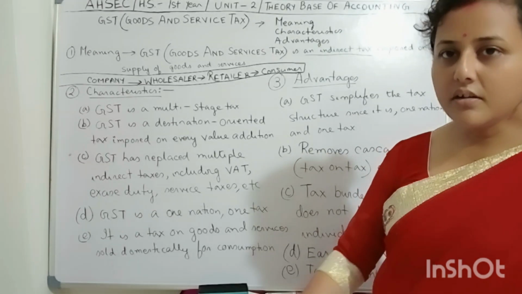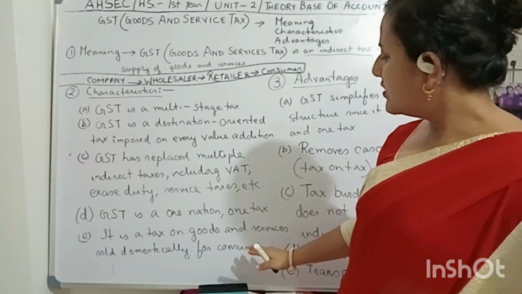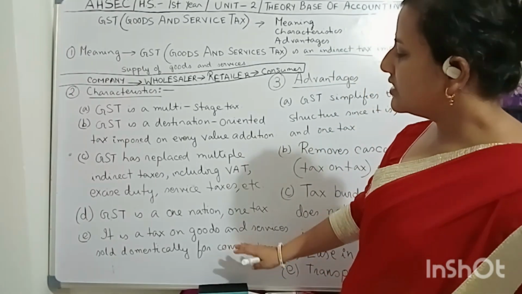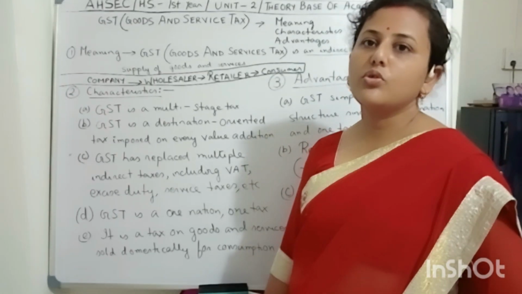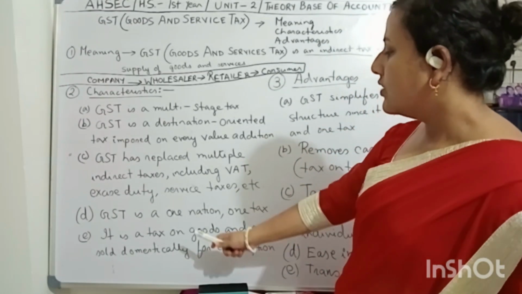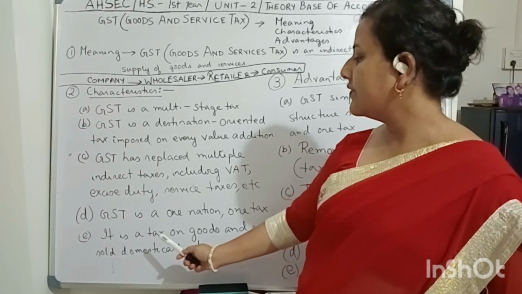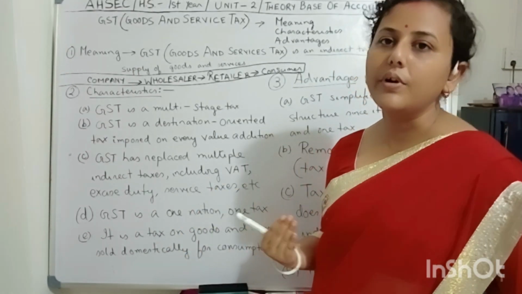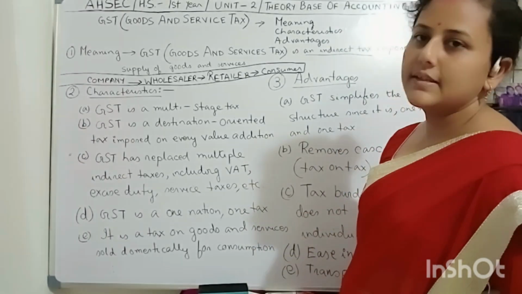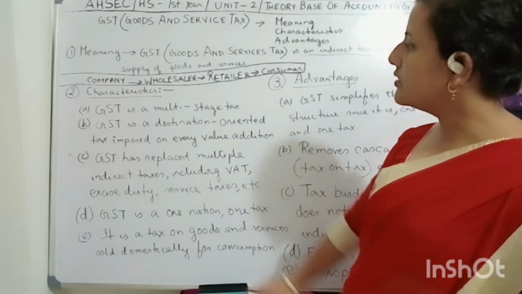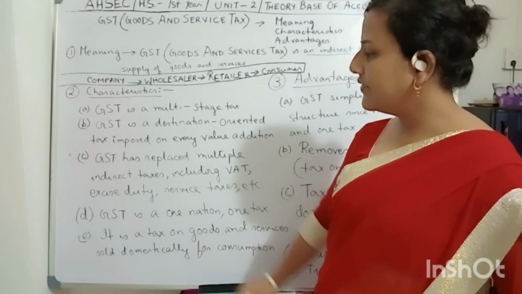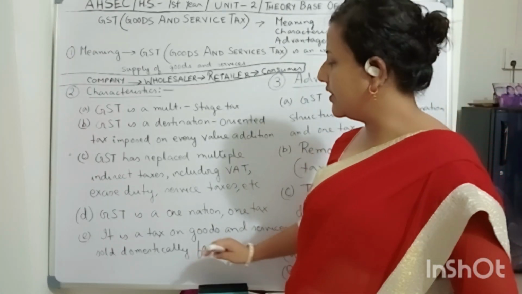So within the country, whatever goods and services are sold, GST will be imposed on those goods and services. So it is a tax on goods and services sold domestically, means within the Indian boundary, for consumption. Got it? So these are the features or characteristics of GST. 5 features I have discussed and given you.